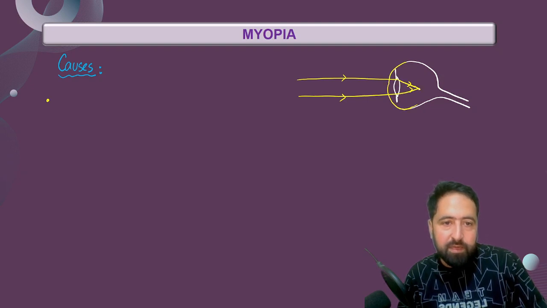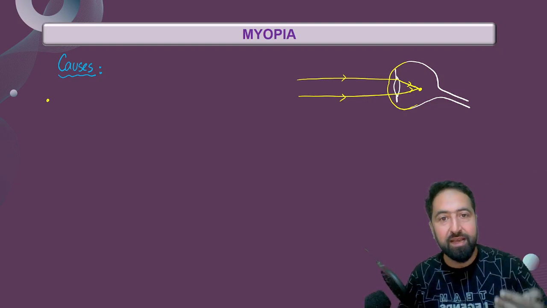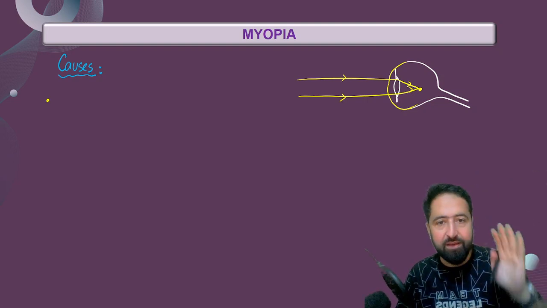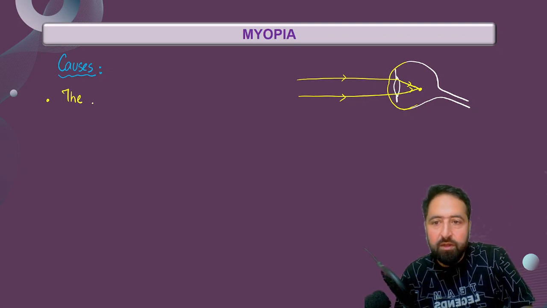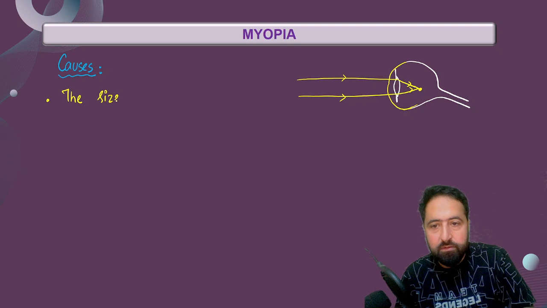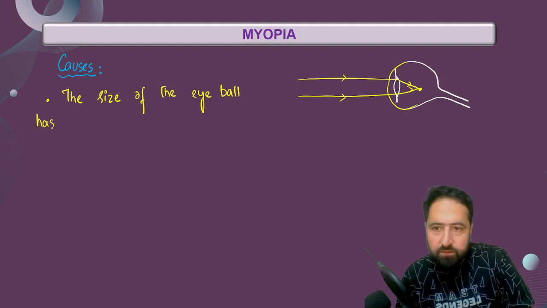So उसकी वजह से क्या हुआ, रेटिना जो है वो पीछे चला गया और इमेज जो है उसके आगे बन रही है. So cause number one is that the size of the eyeball has increased. Okay.